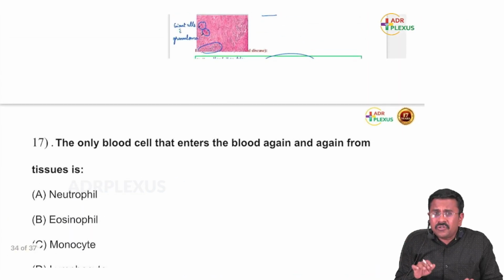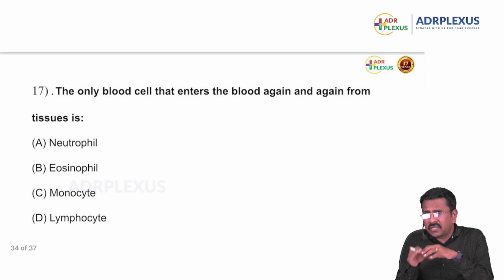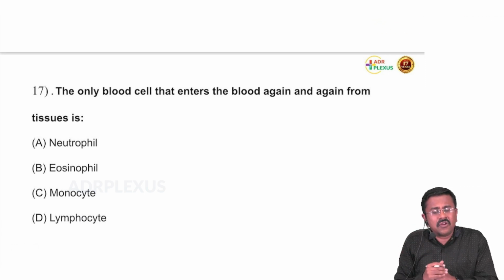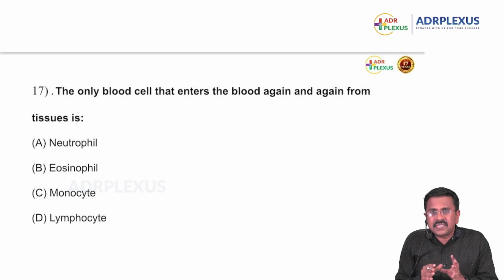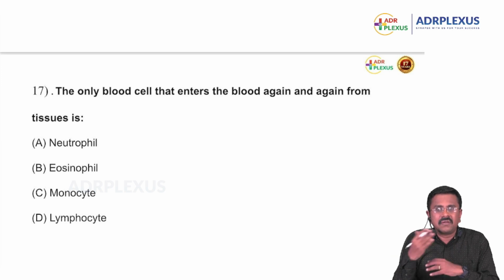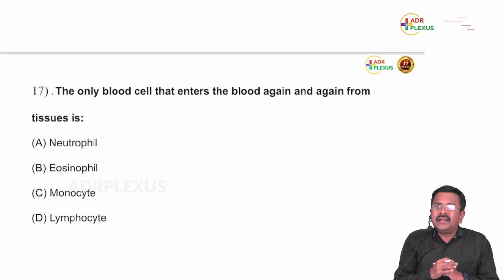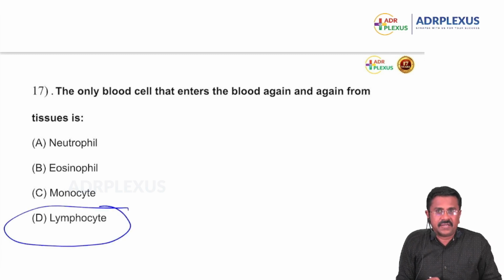Similarly, eosinophils and monocytes, which come to the tissue, you call a macrophage. Once they come to the tissue, they stay there for a lifetime. But the lymphocyte is a cell which again and again comes to the blood from the tissues. So it keeps mobilizing itself between the blood and the tissues. So the correct answer is lymphocyte.